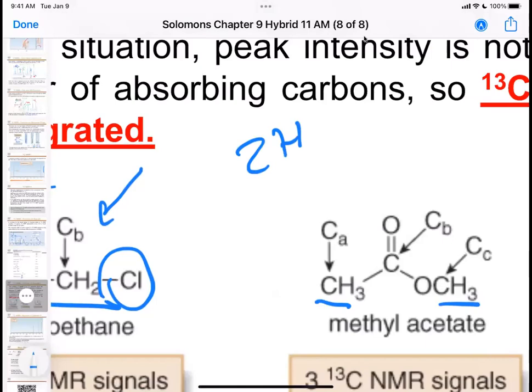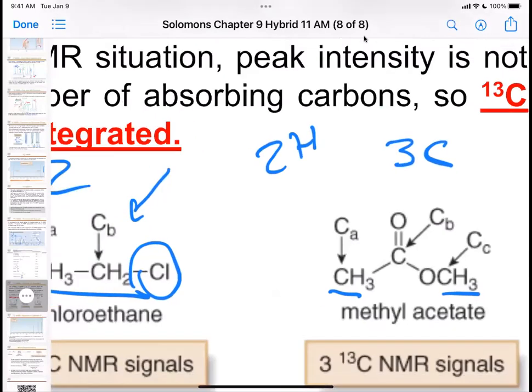You have to count the carbonyl. The oxygen doesn't count, but the carbonyl does. So we're going to have 3 carbon signals. This is where people get tripped up, because we didn't count carbonyls when we were doing hydrogen. So when you're thinking about carbon, make sure you count that carbonyl as a carbon.